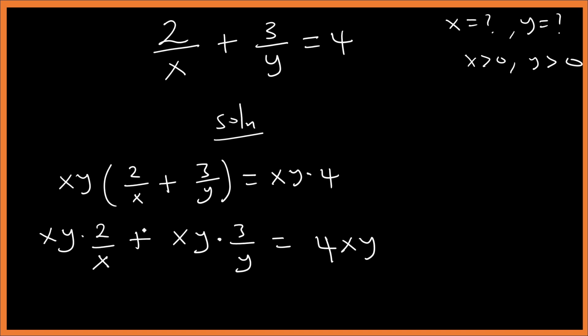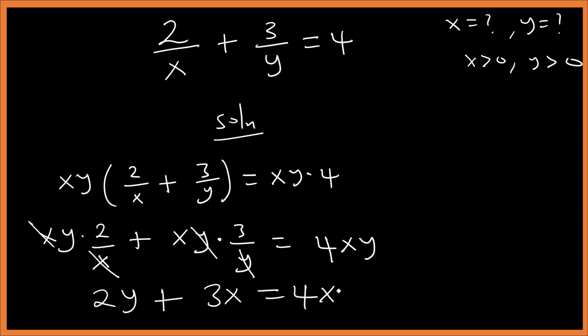Okay, so this side will cancel this side. I've left 2y plus, so y will cancel y, 3x equals 4xy.